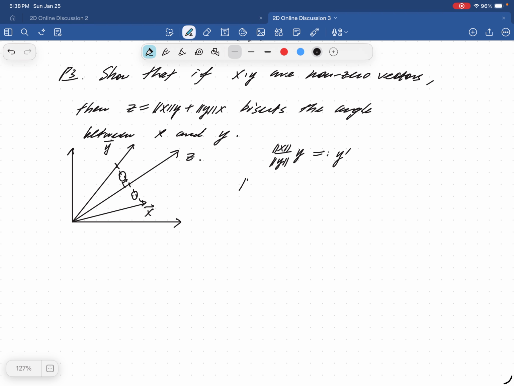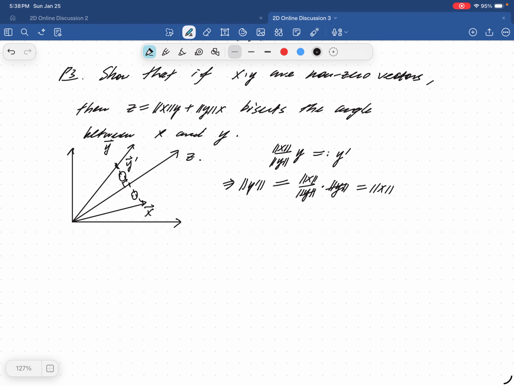Then what is the norm of y prime? This is just equal to norm x over norm y times the norm of y. But these cancel, so we're left with norm of x. Therefore, my y prime here has the same length as x, but they're just pointing in two different directions.